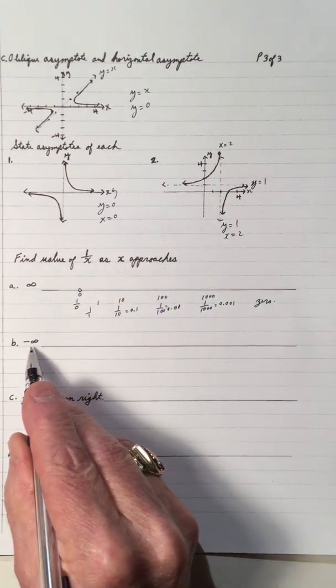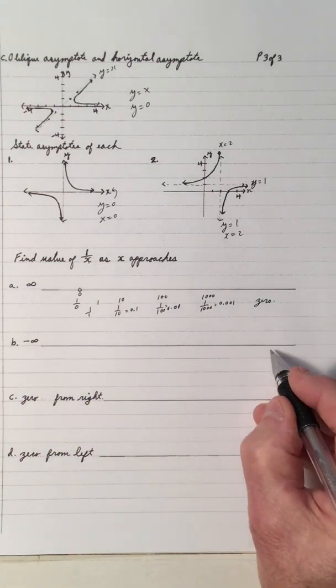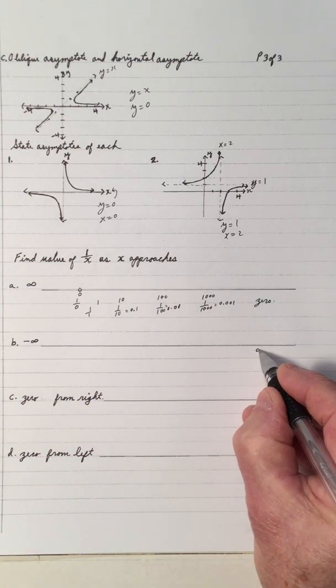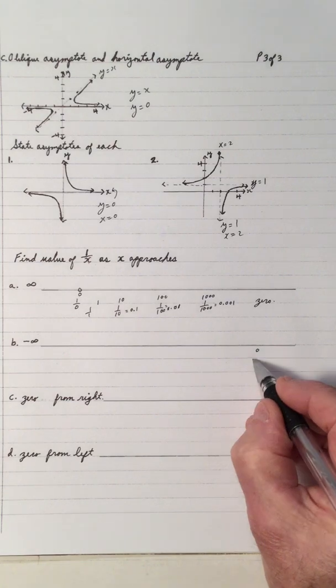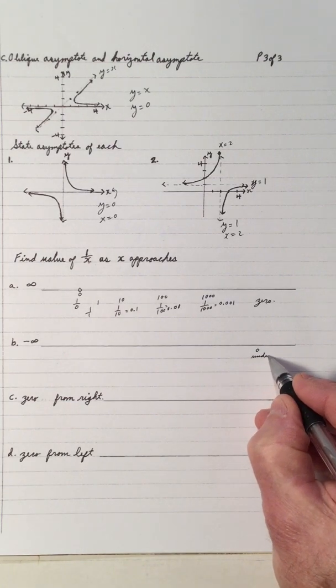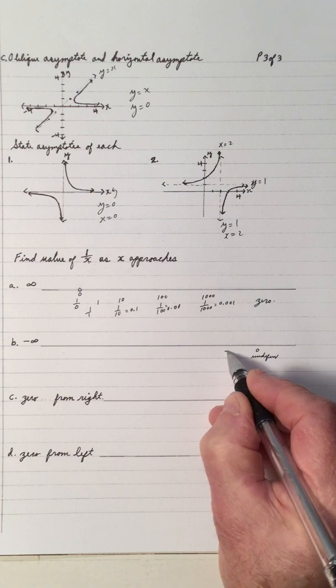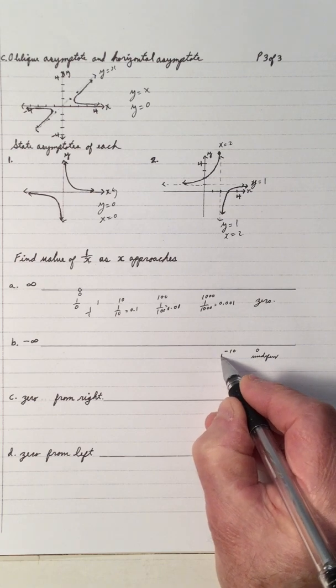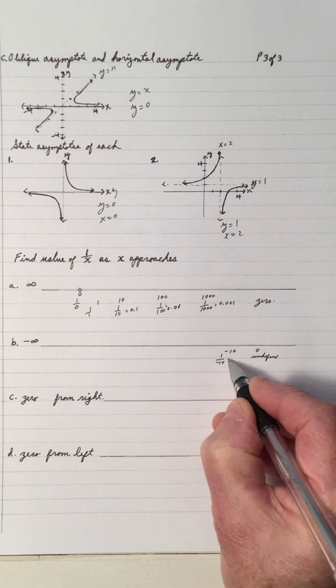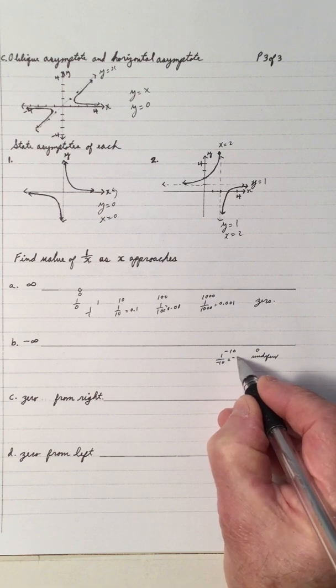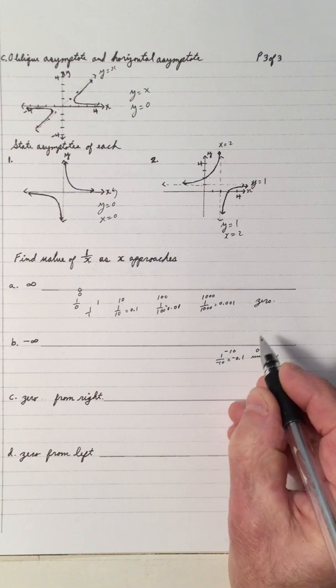And what about as x approaches negative infinity? What about if you have a 0 again? 0 for x will be undefined. But as you approach, let's say, negative 10, 1 divided by negative 10 is negative 0.1.